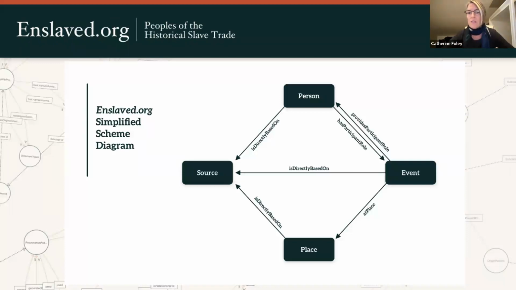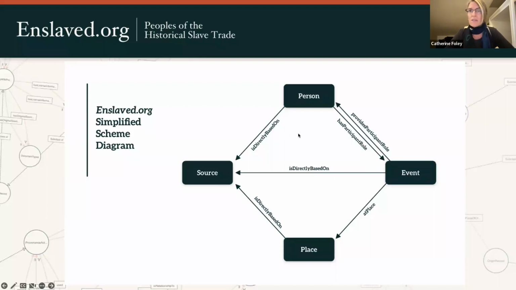So not only does the Enslaved.org data model capture information about these four elements, it also records how these elements are connected to each other. To unpack this a little bit, we have a simplified version of the data model here, where we have the four main entities of a person, event, place, and source.